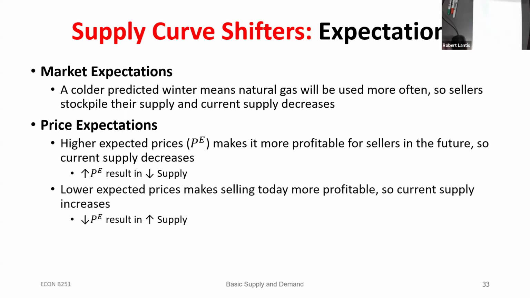And then if I think prices are going to be lower in the future, well, then I really want to make sure I sell it today. So I'd be willing to supply more today if I think prices are going to be lower in the future. So this was the exact opposite relationship that we had for consumers, because the price for consumers is a bad thing. Price for producers or sellers is a good thing. Okay.